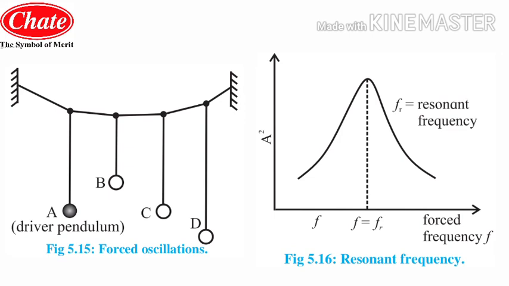There is a matching of the frequency of one pendulum with the other. This is the concept of resonance. This is called resonance. Now students, you can see the graph, the resonance graph of frequency and amplitude. So students, this was all about the oscillation chapter.